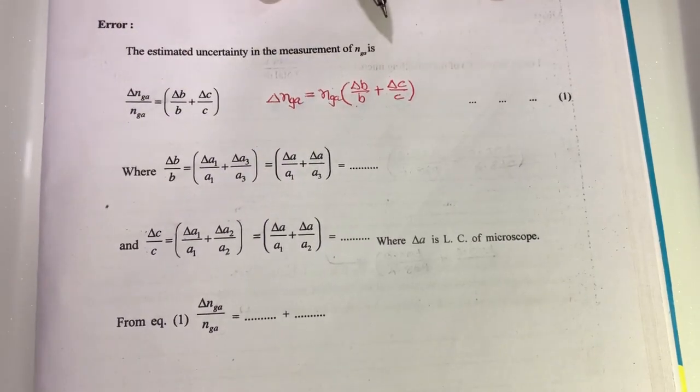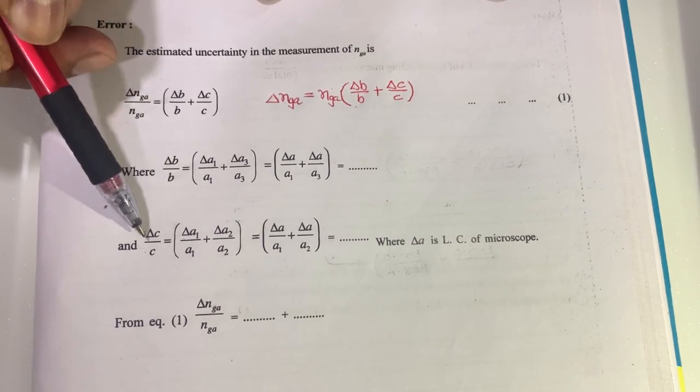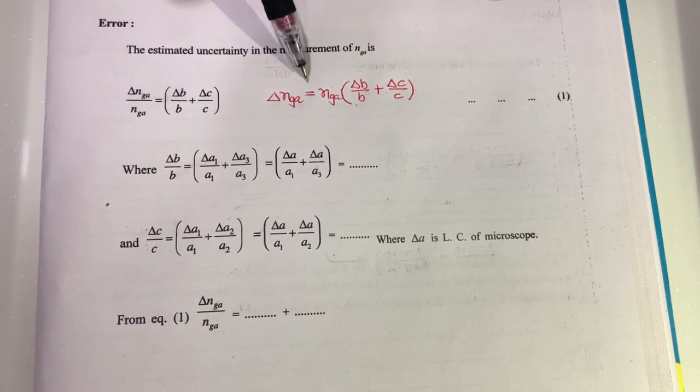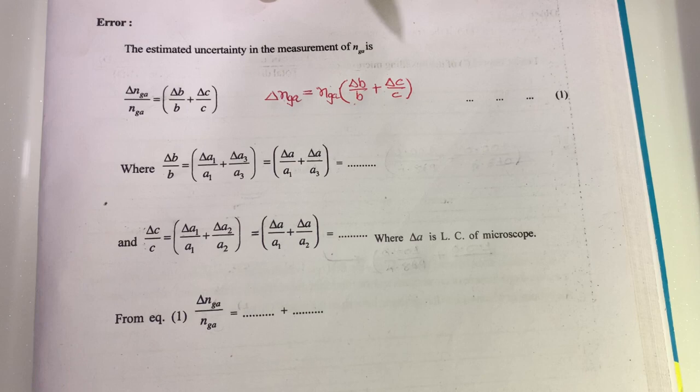And then after, substitute the values of delta B by B and delta C by C in this equation and calculate delta n glass.